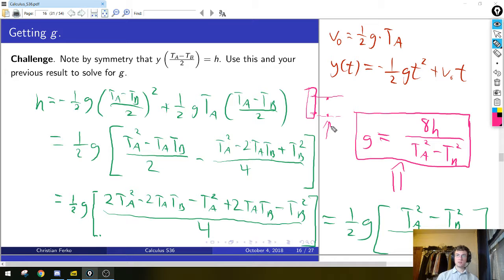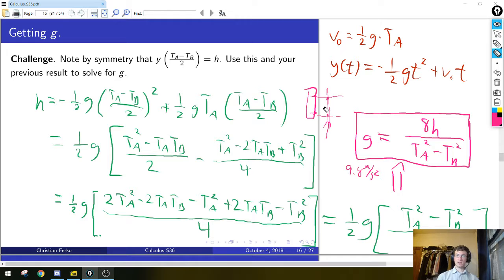So you just throw something up, and it comes up and comes down, and this is connected to a computer, and it spits out on a spreadsheet the time where it broke the first laser, the second laser, the second laser, the first laser. Then you just go in your spreadsheet and use Excel functions: take h times this height, divide by the square of the difference of the times, and you get an answer for g, which will be roughly 9.8 meters per second squared.